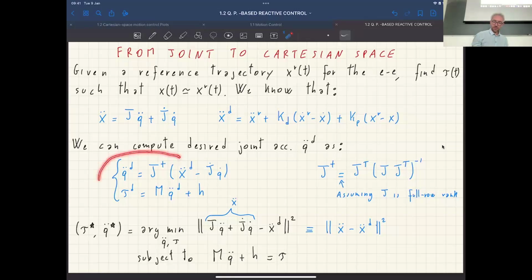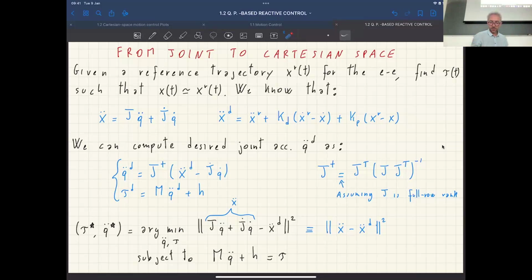So this is basically if I want to use the pseudo-inverse and do all the computation manually. But what if instead I want to use an optimization problem, as we did for the joint space case? Well, we can easily adapt what we have seen in joint space to the Cartesian space.